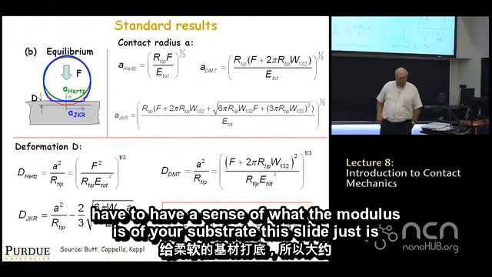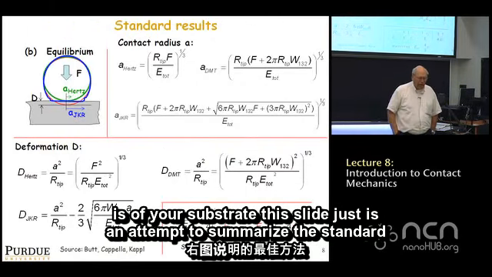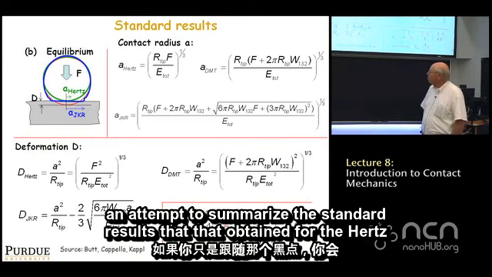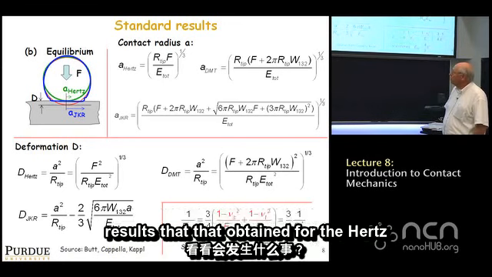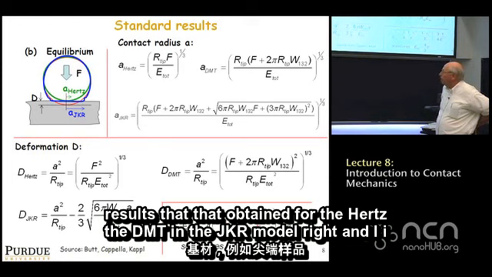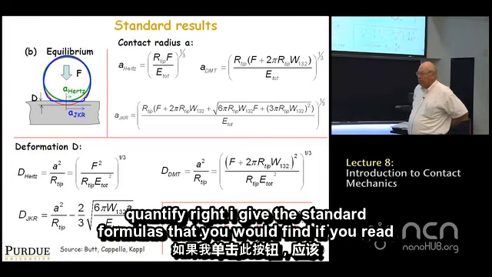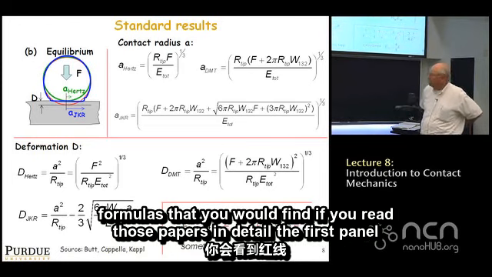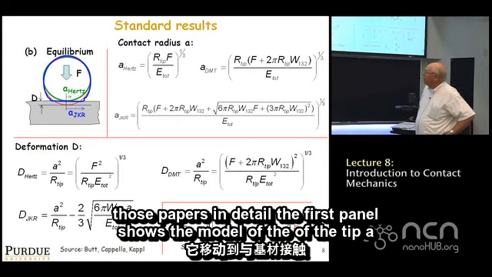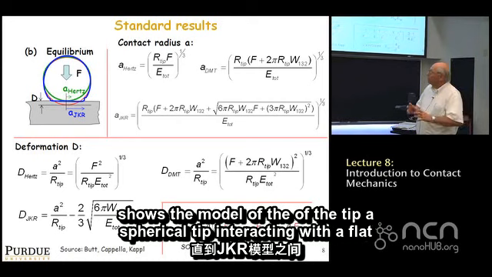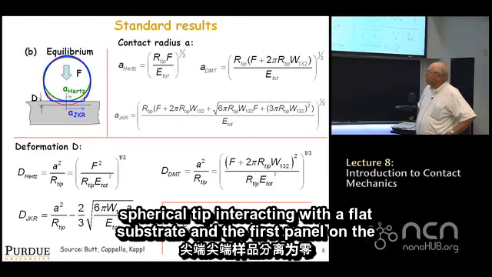This slide is just an attempt to summarize the standard results that obtain for the Hertz, the DMT, and the JKR model, right? I give the standard formulas that you would find if you read those papers in detail. The first panel shows the model of the tip, a spherical tip interacting with a flat substrate.